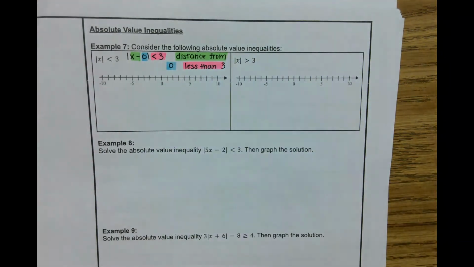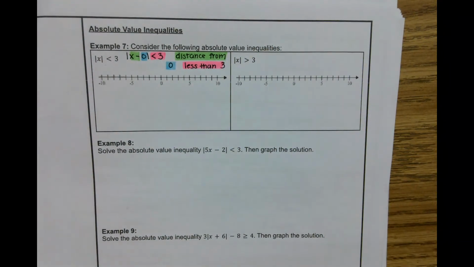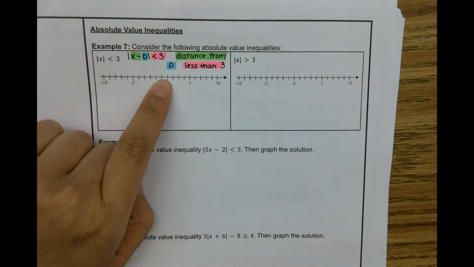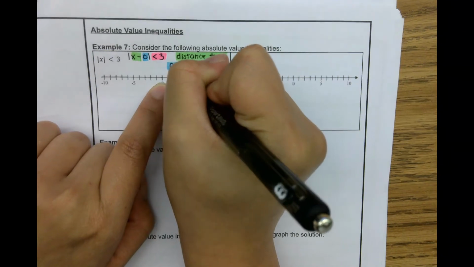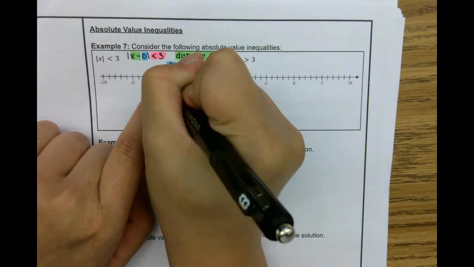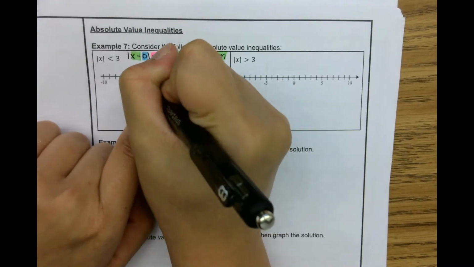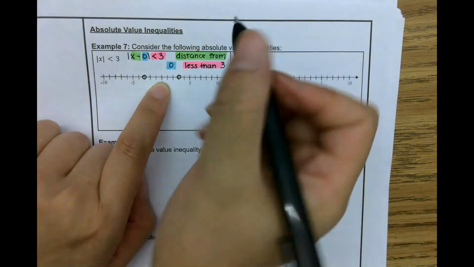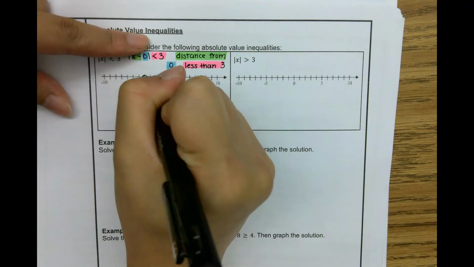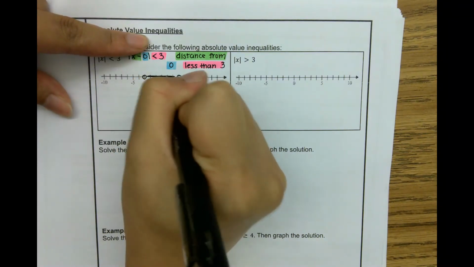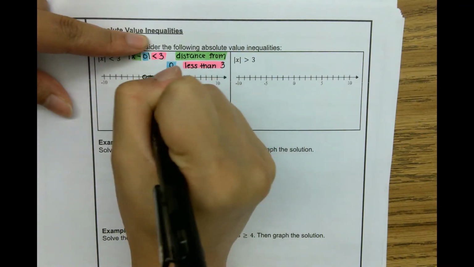Okay, so let's find 0. 0 is right here from the graph. So where is my distance less than 3? If I count 1, 2, 3 away, and I count 1, 2, 3 away, everything from here to here has a distance less than 3 away from 0.